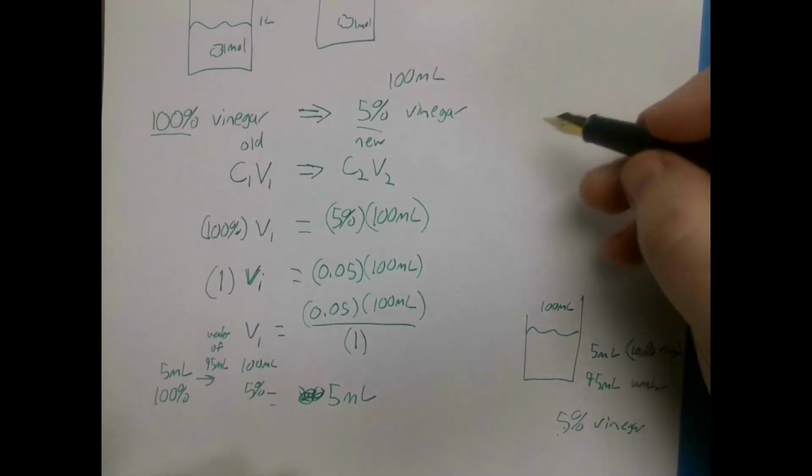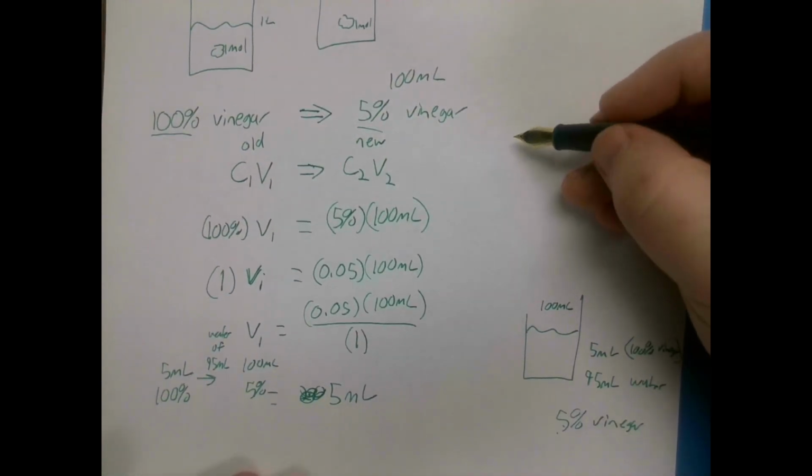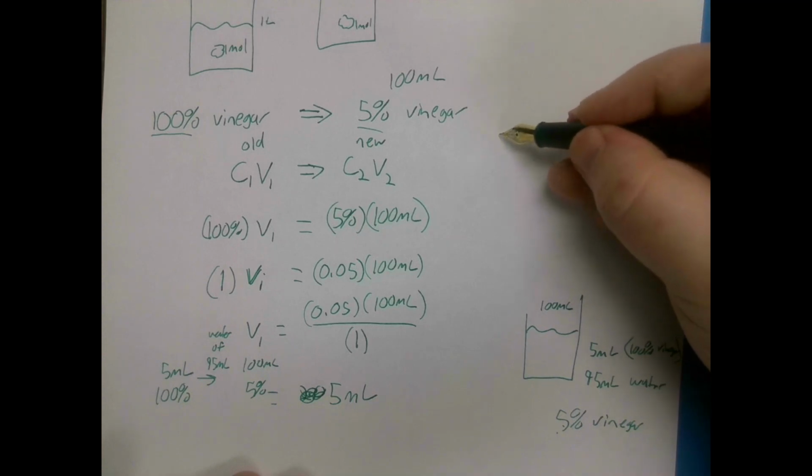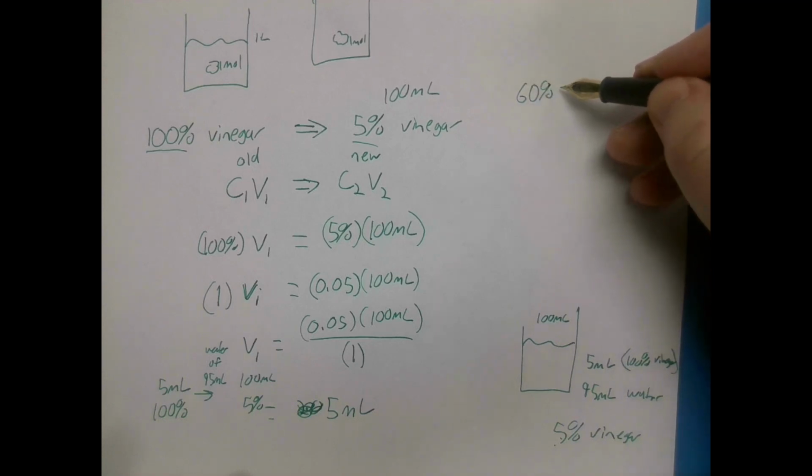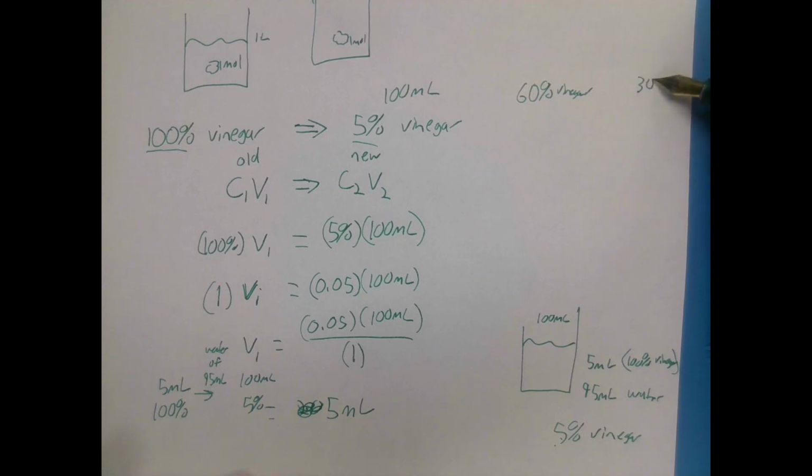So let's say you started out with 60% vinegar, and you wanted to make 30% vinegar, and you wanted 50 milliliters of it.